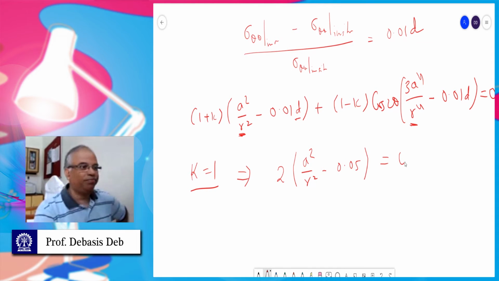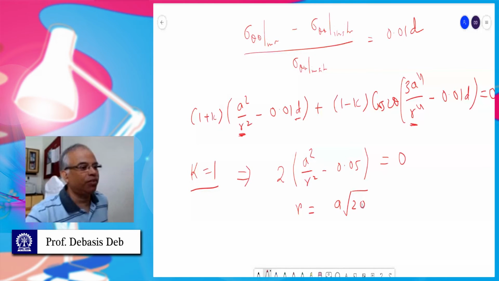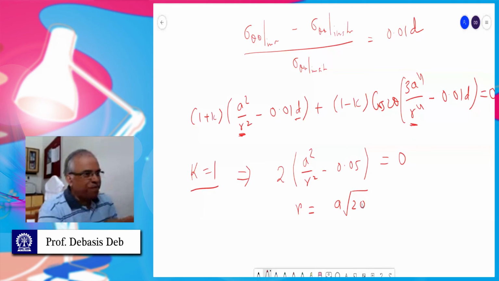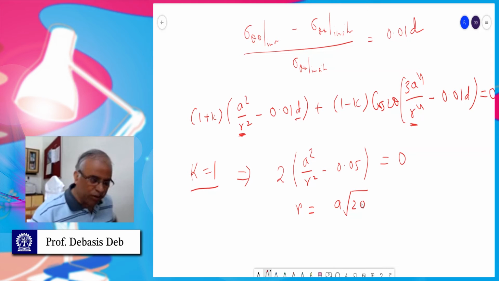So I can find R is nothing but a square root of 20. For k equals to 1, with 5% error, I get an R value, which is the influence zone, of about a square root of 20. Now, what is the square root of 20?